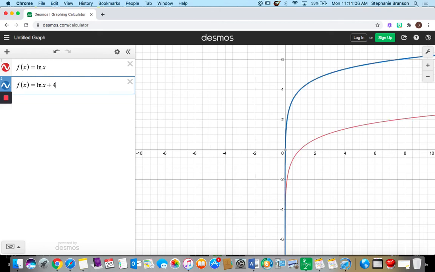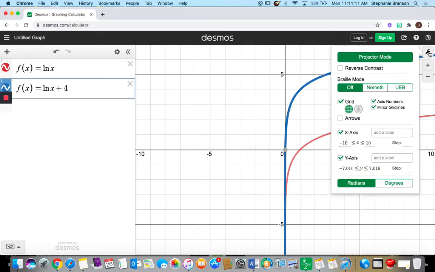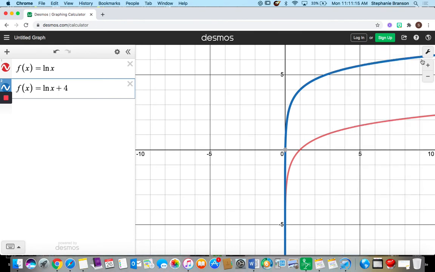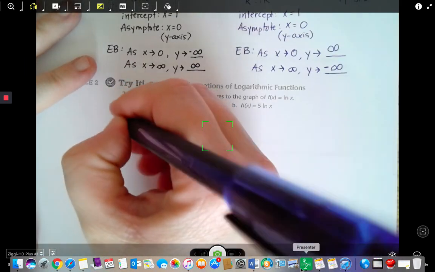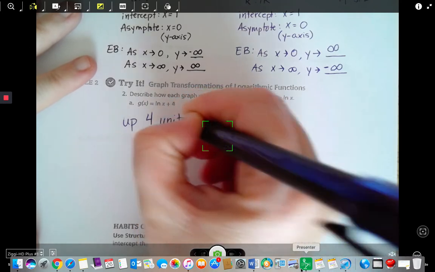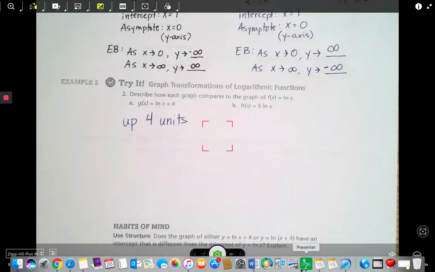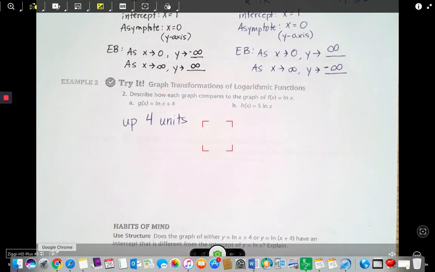So compared to that red graph, what did the blue graph just do? Yep, it went higher, so it went up 4 units. So for 2, I'm just going to say up 4 units. So that's just like what we've been dealing with transformations, isn't it? So let's see what our next graph is going to do.